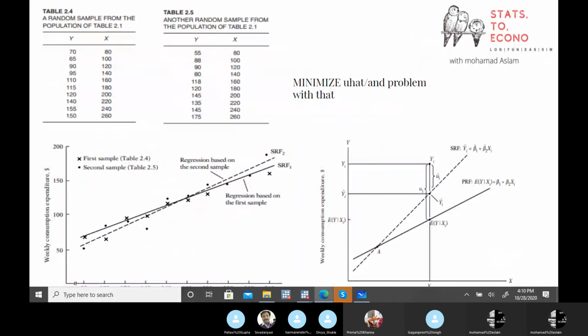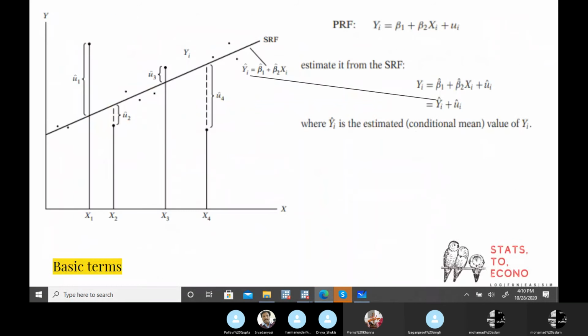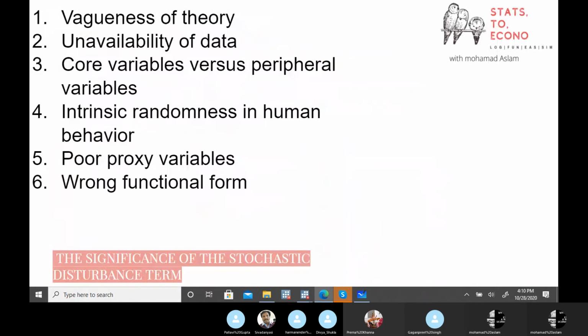Okay, so with that, one other thing which I want to highlight today is the importance of this stochastic disturbance term, this error term or the residual term. Now you can realize that this whole derivation of the OLS method of the sample estimates is with something we are minimizing, that is U hat, the residual part. This is very crucial in econometrics.